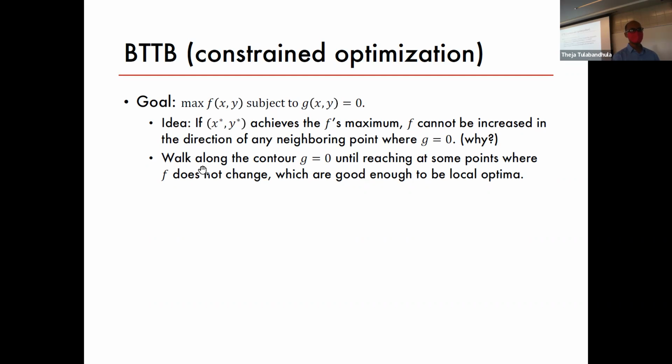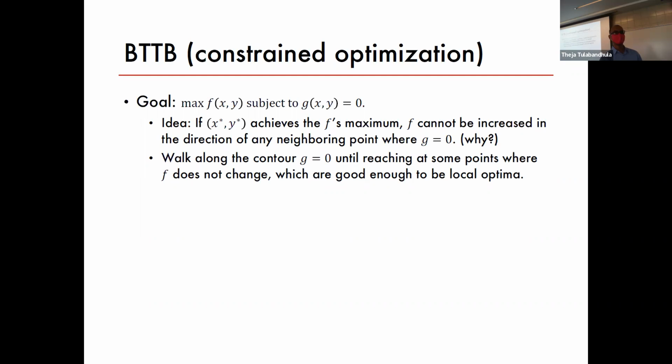So you can walk around along the contour of g equals 0. Contour of g equals 0 means, just think of g. That's why we use two variables, x and y. Think of a plane of decision variables, x is the x-axis, y is the y-axis. So the constraint g of x comma y equals 0 is some curve in this plane.